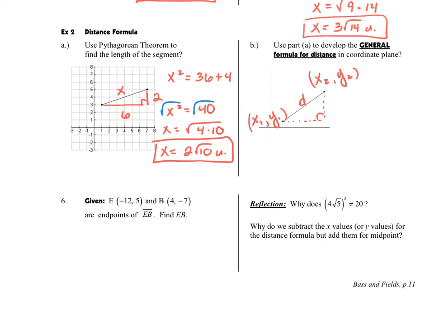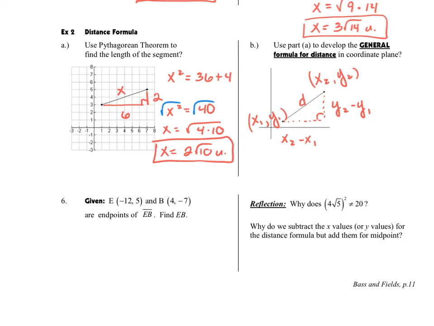If I wanted to find an expression for the length of this leg, it would be the difference between these two x values. Similar to what we did here, the difference between 7 and 1 was 6. So I'm going to write that underneath here. I'm going to say x sub 2 minus x sub 1. The same thing happens on the other leg. It'll become y sub 2 minus y sub 1. If I want to find that length, think about what we did over here.